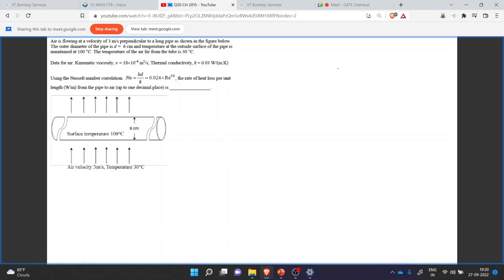So here we have been given the Nusselt number correlation. Nusselt number, hD upon k, is 0.024 times Reynolds number to the power 2.5.